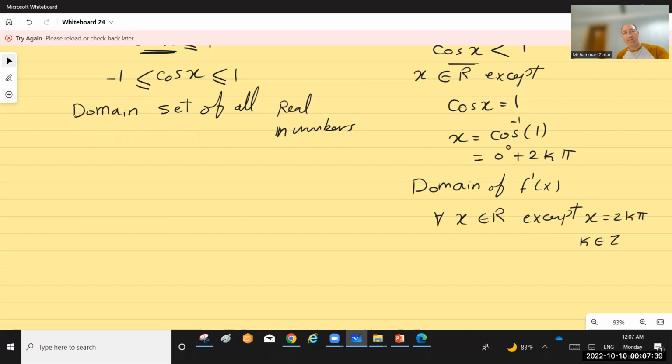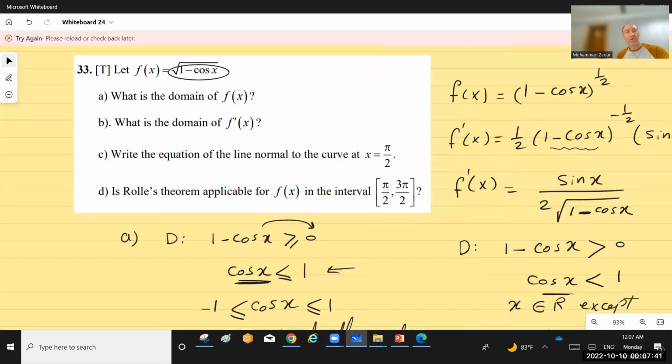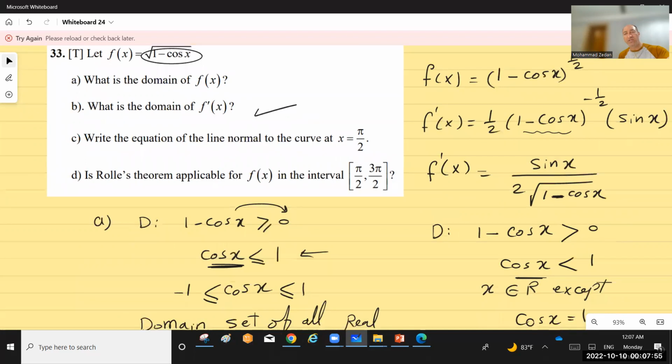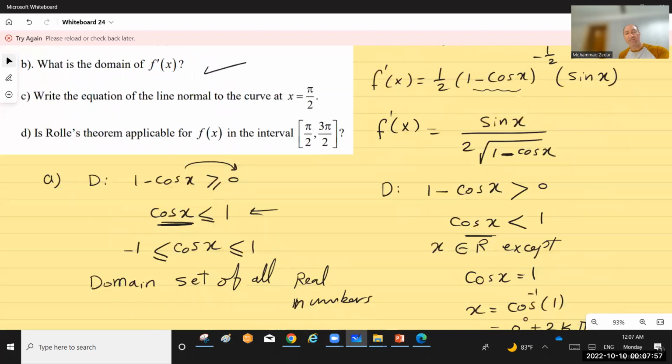Okay, let's come back to our question again. This is the domain of f prime. Write the equation of the line normal to the curve at x equals pi over 2. First of all, we come to the derivative and find f prime of pi over 2.